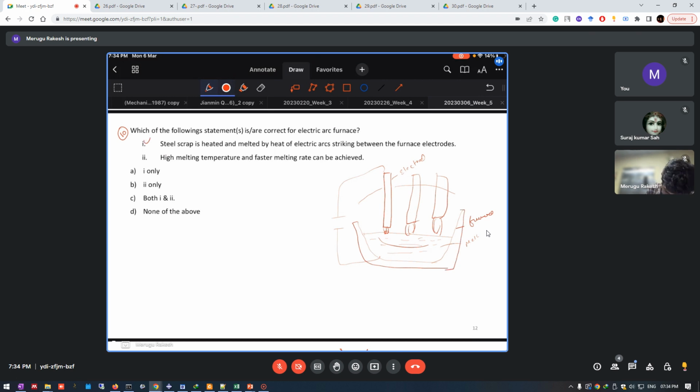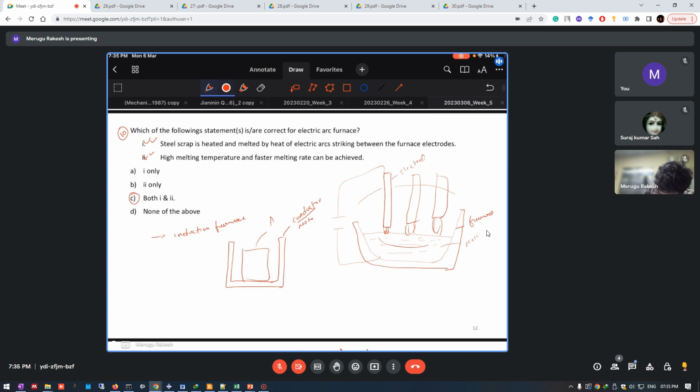Okay. So which is the correct statement? That high melting temperature and faster melting rate can be achieved, which is also correct in this case. This second statement is also true in case of induction furnace, in which we have a crucible made of some conductor or any metal.